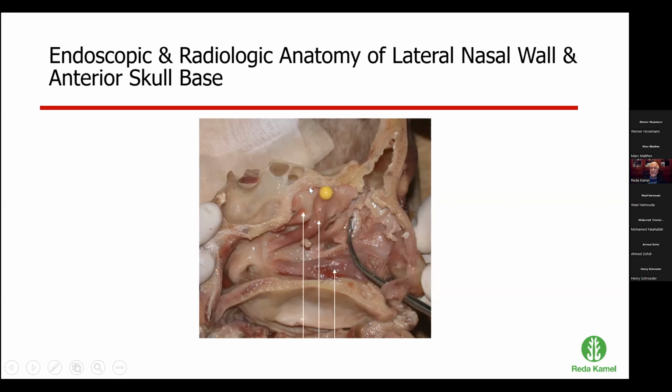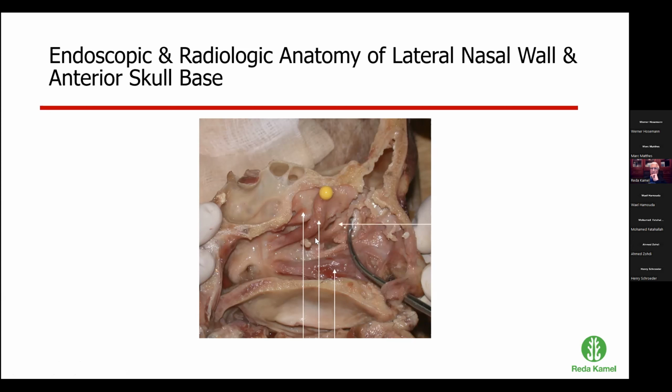And then the tiny superior turbinate. The tiny superior turbinate is a very important anatomical landmark and at the same time a very important smell organ, so never ever sacrifice it, cauterize it, remove it, or excise it, except if absolutely indicated.